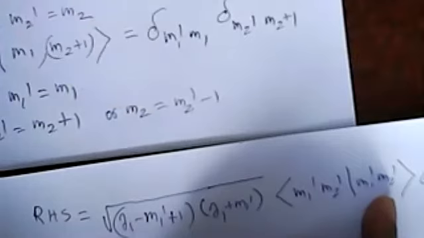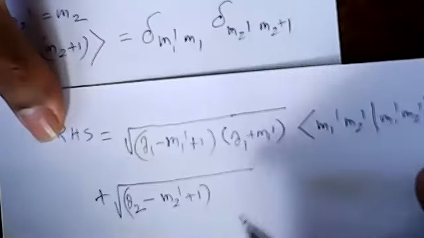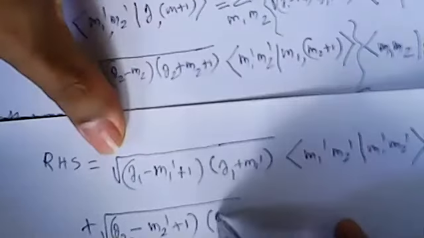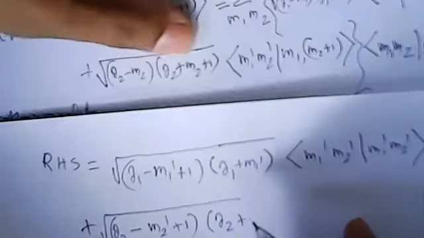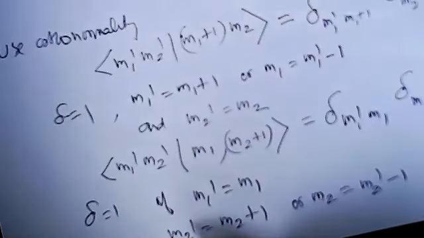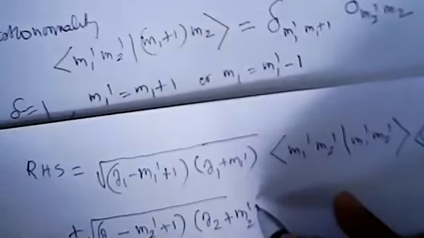So this is minus m2, so m2 dash plus 1, m2 dash plus 1, into j2 plus m2 plus 1. What is m2 plus 1? m2 plus 1 is m2 dash. So this is m2 dash.